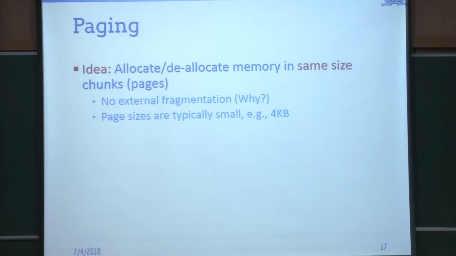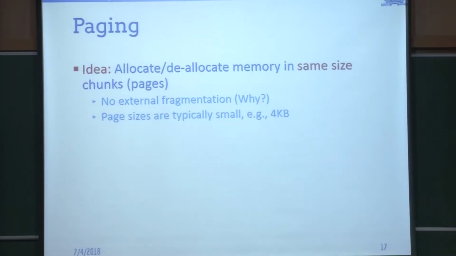Okay. So here comes paging. The key idea here is that we now put a constraint that allocation and deallocation will happen in a fixed size, say 4 kilobytes.